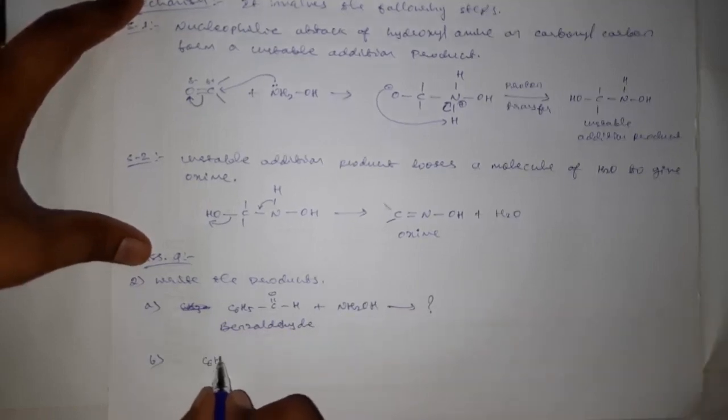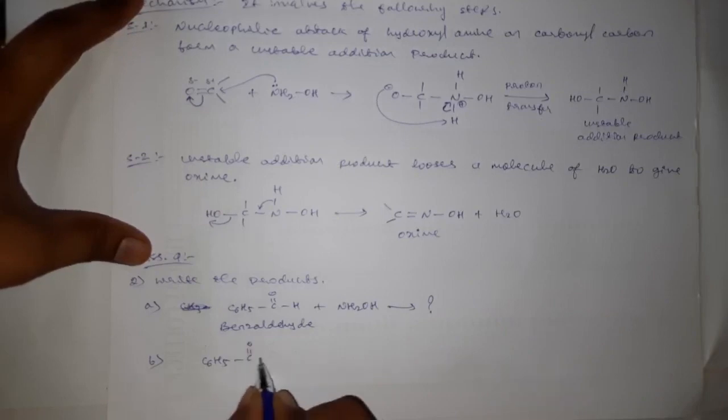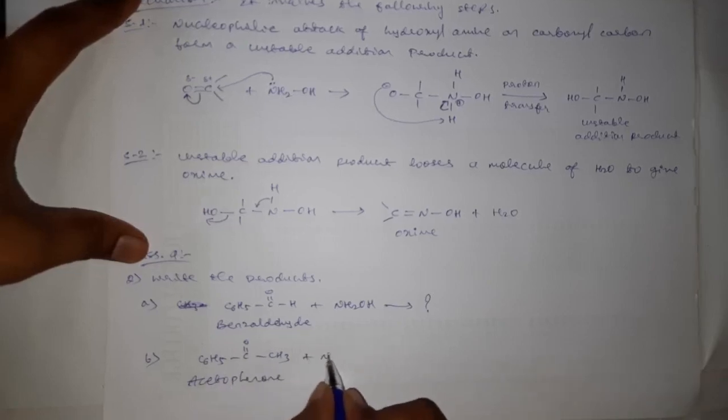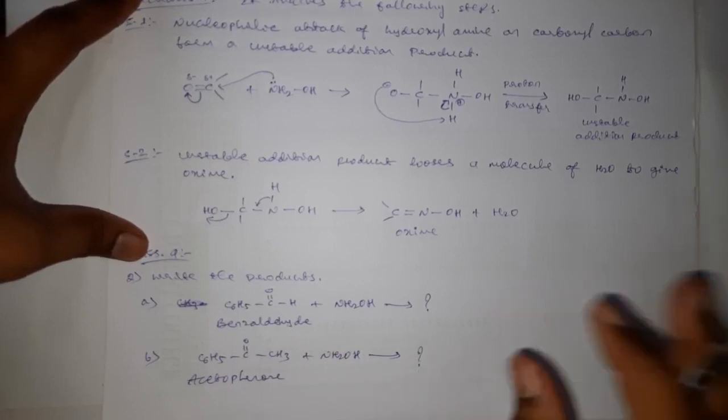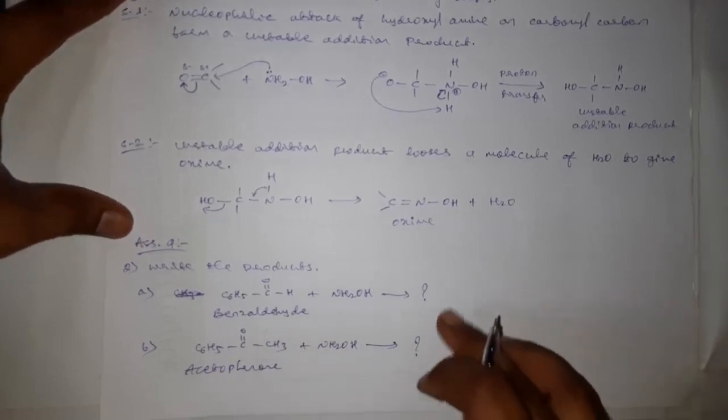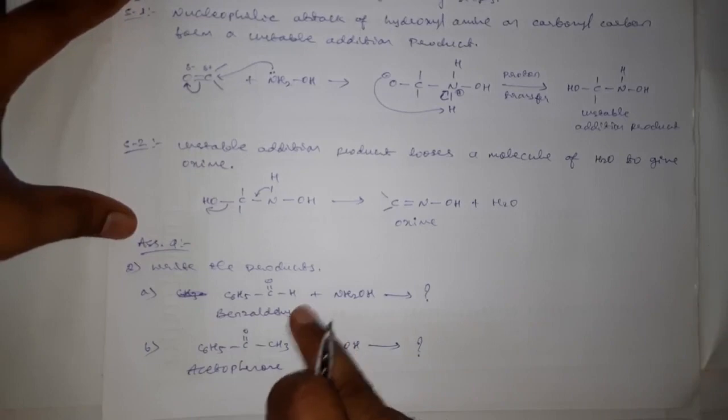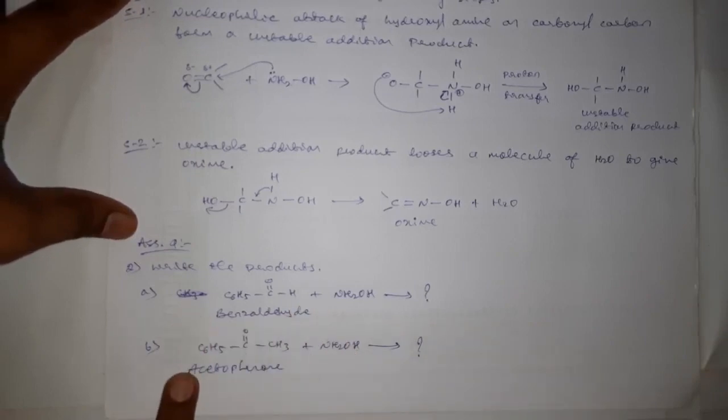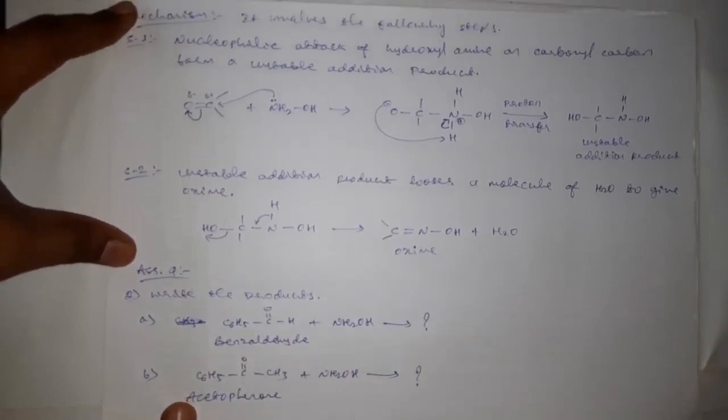And when acetophenone is treated with NH2OH, that is hydroxylamine, what product will we get? Write the products for these two reactions. These two are examples for aromatic aldehyde and aromatic ketone. Okay, thank you.